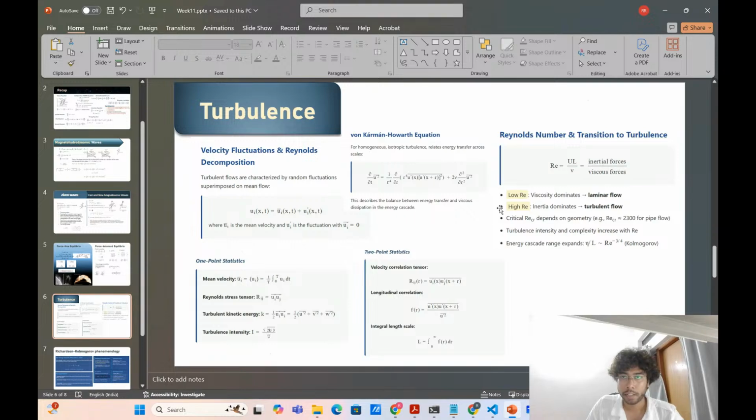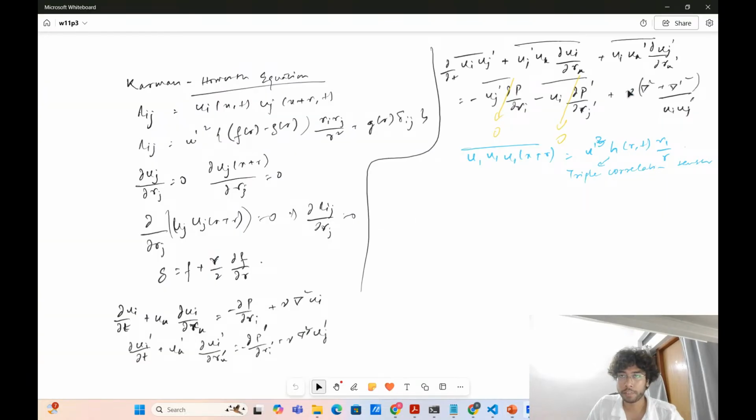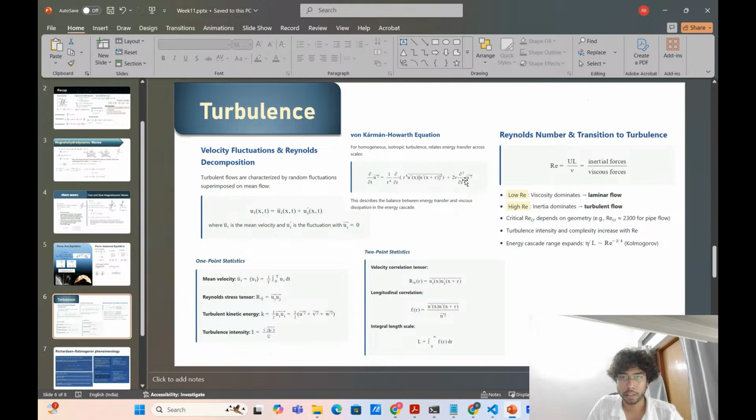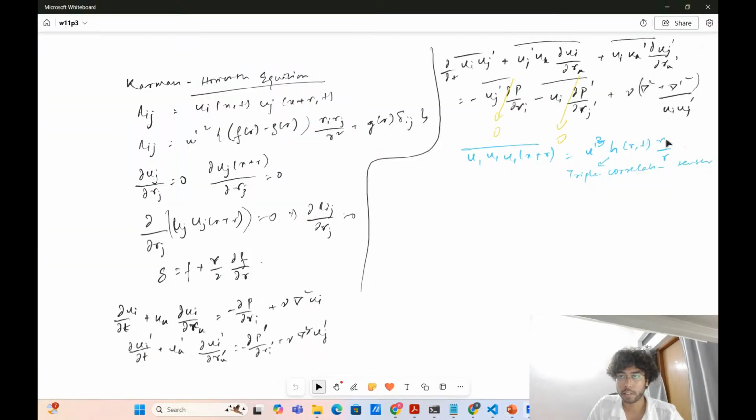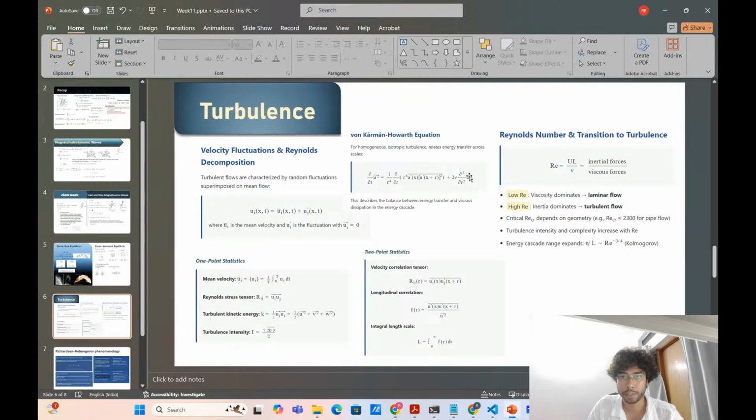And the last term is some diffusive term, which is nu times del square of del r square of this u. This is again a double correlation, right? U prime square. To understand the physical meaning of each of these terms: the first term tells you about the rate of change of longitudinal correlation.